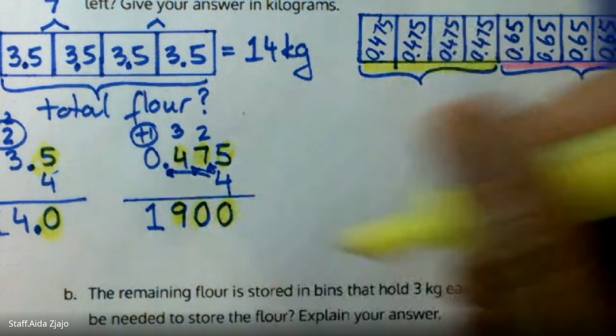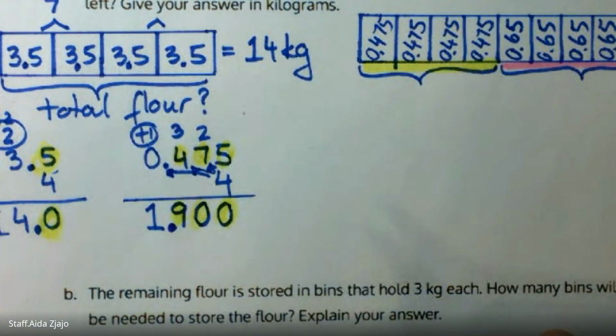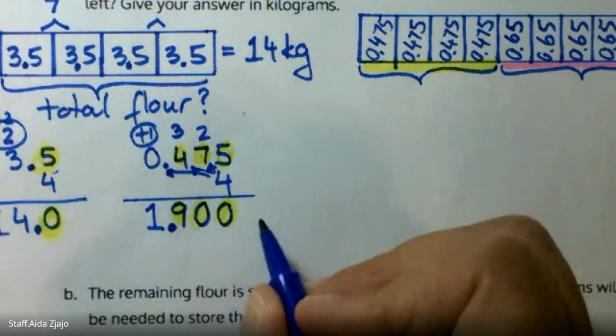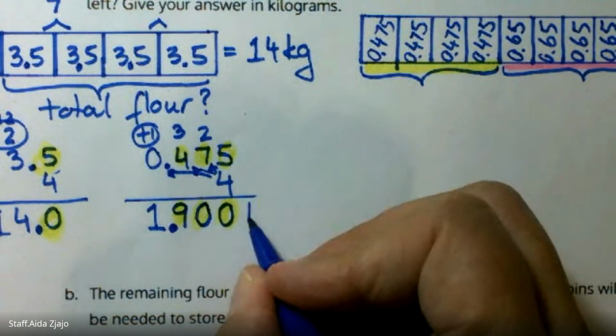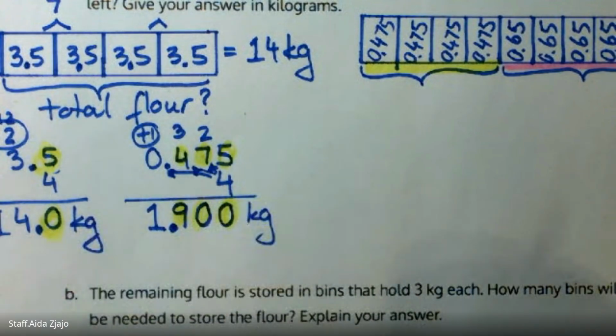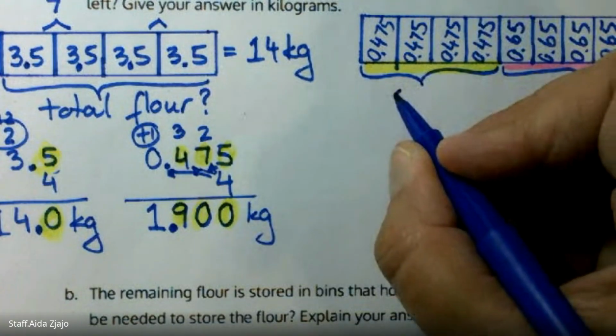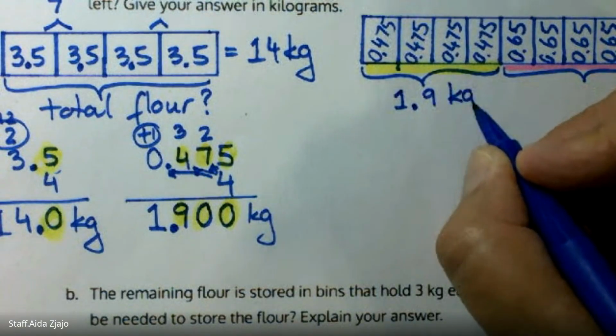The decimal goes right here, so it's 1.9 kilograms for the muffins.